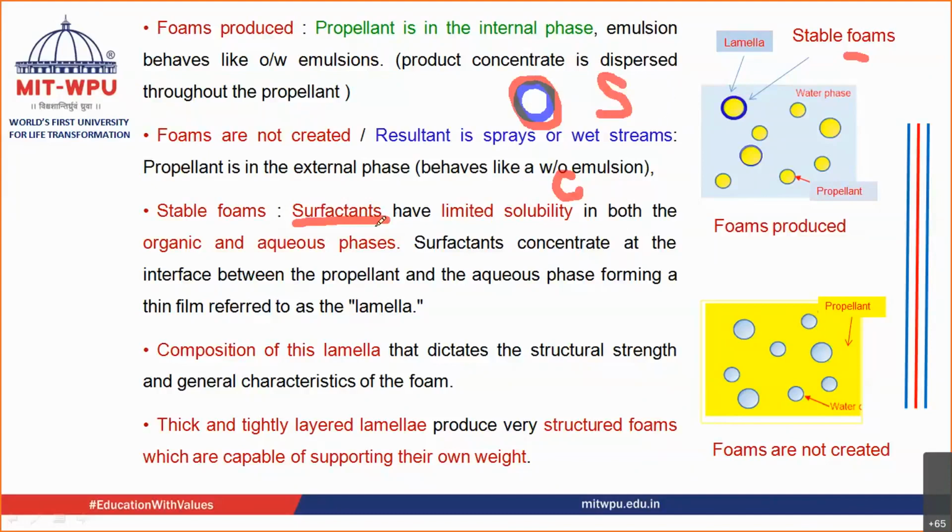Depending upon the type of surfactant, the quality of surfactant, and the combination of surfactants that you have used, the lamina thickness, the composition, as well as the tightness of the lamina are going to depend. And depending upon that, it is going to decide whether your foam is going to be a stable foam or a quick dispersible, quick breaking foam. It depends upon that.